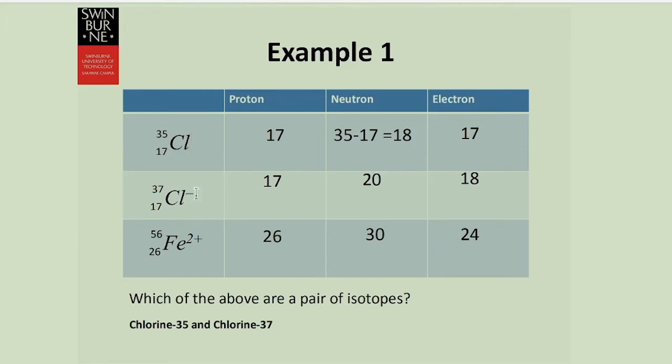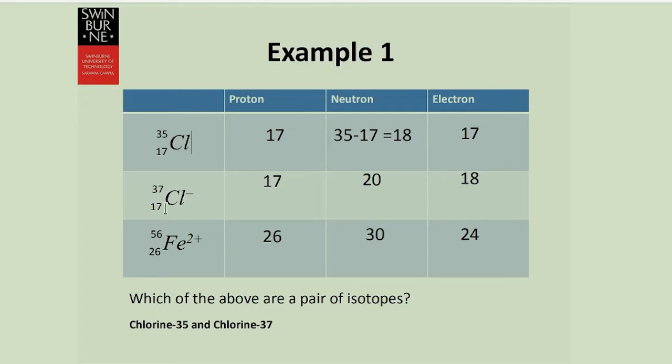But for chlorine negative one, there is one negative charge. That means it has one extra electron than the number of protons, and the excess of electrons is causing it to be negative.